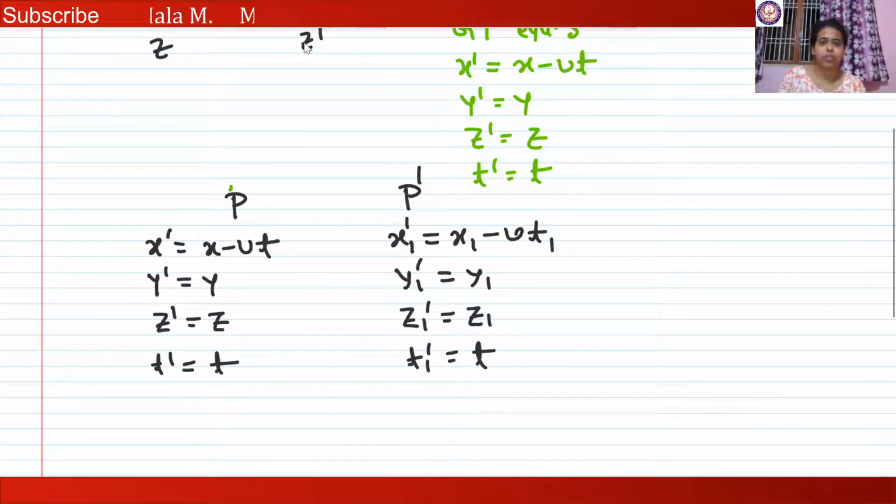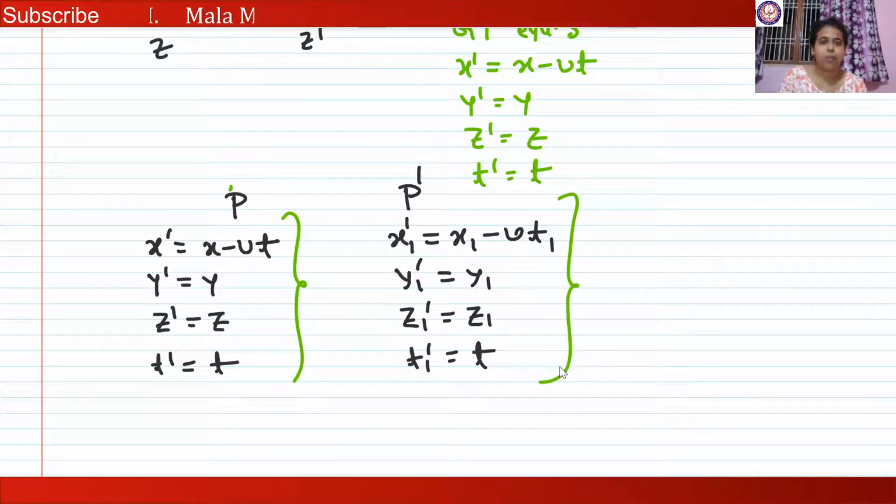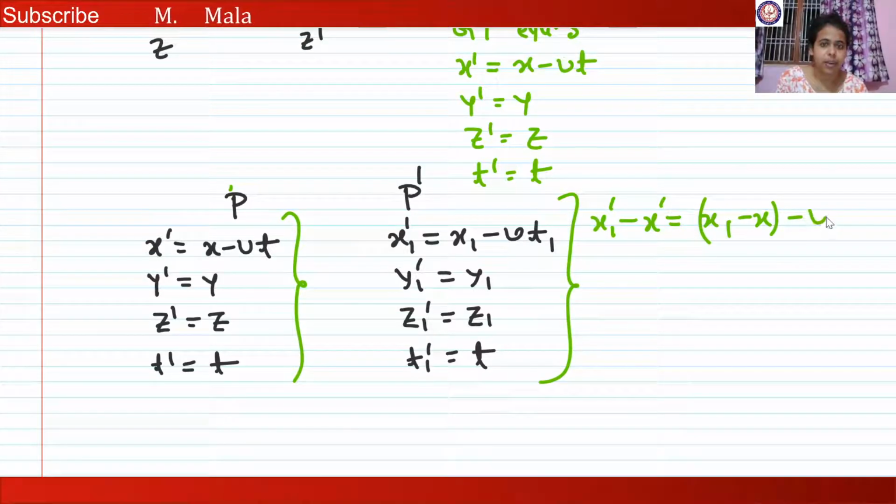Now from these two sets of equations, what will we find out? We will find out simply x1 prime minus x prime. What will it be? It will be x1 minus x minus v, t1 minus t. And what will be y1 prime minus y prime?